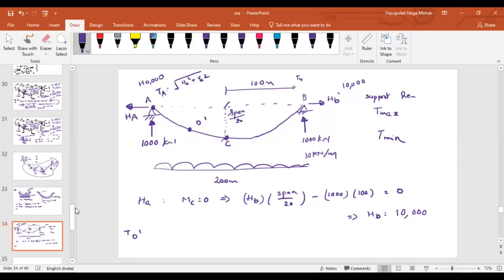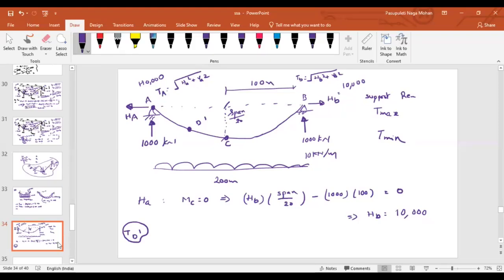Similarly, the tension in the cable at B is the square root of HB square plus VB square. Just like that, imagine I have taken a point somewhere at D dash. Now my task is to find the tension in the cable at point D dash. How can we solve it? What will you suggest? Just think about it and tell me.